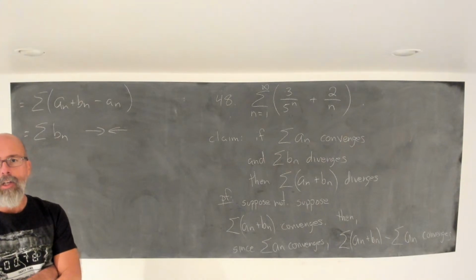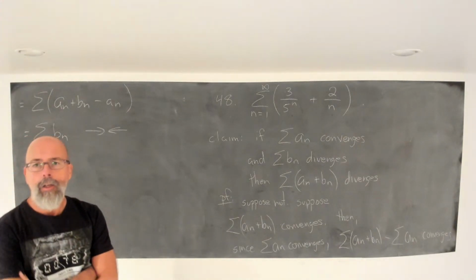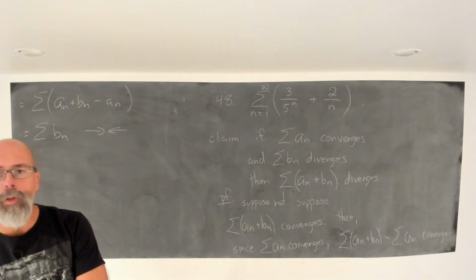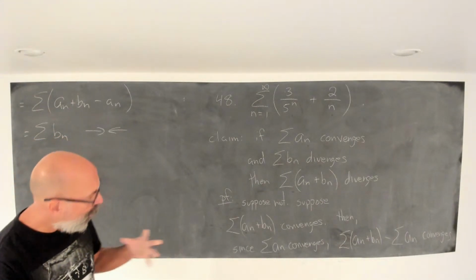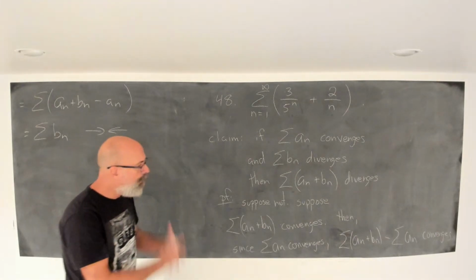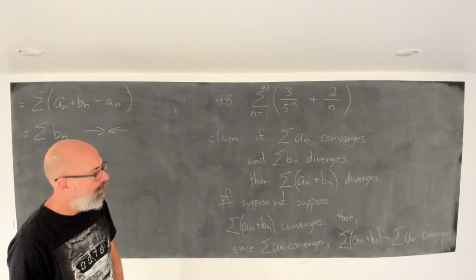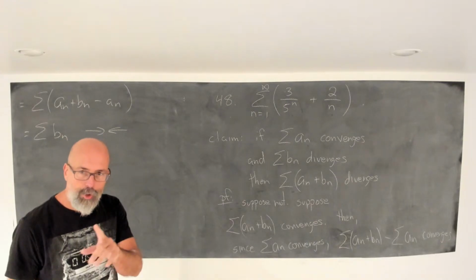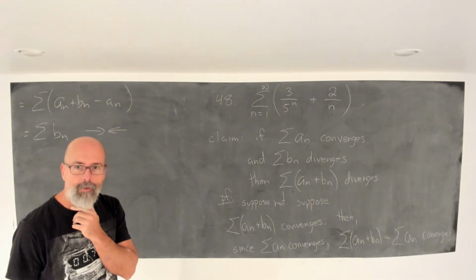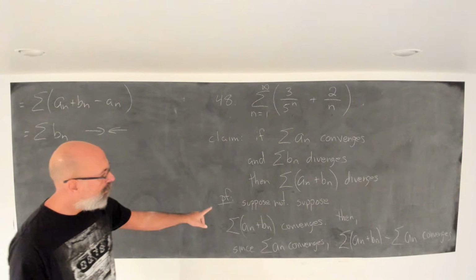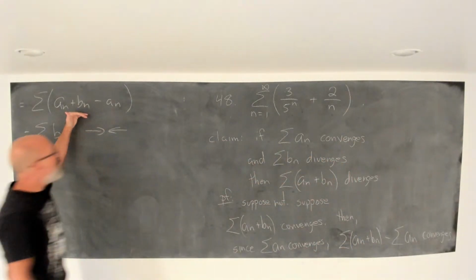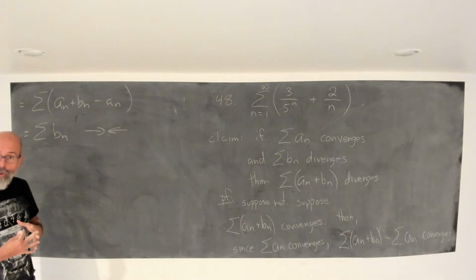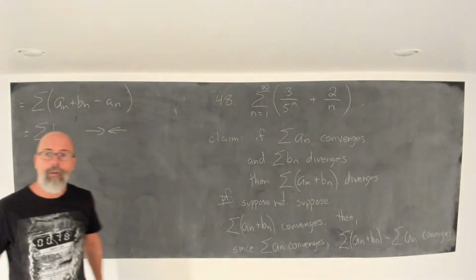So Nikki is asking, can we combine in one sum only if they both converge or both diverge? To go from here to there, this can only be done if both are convergent.